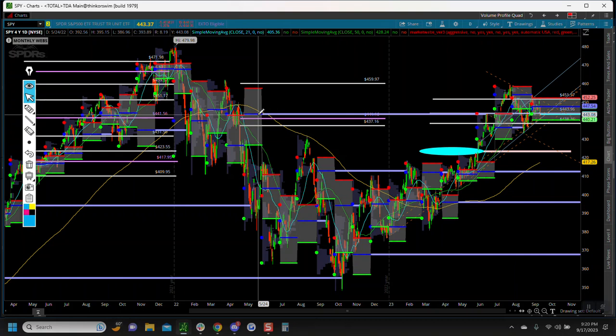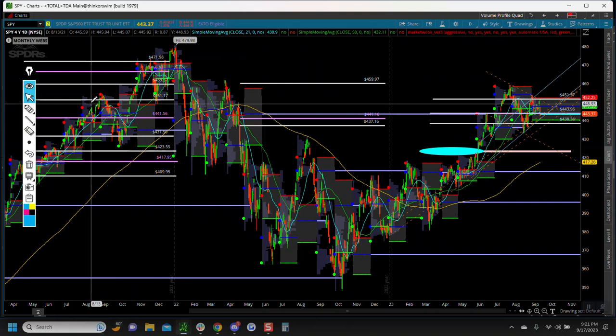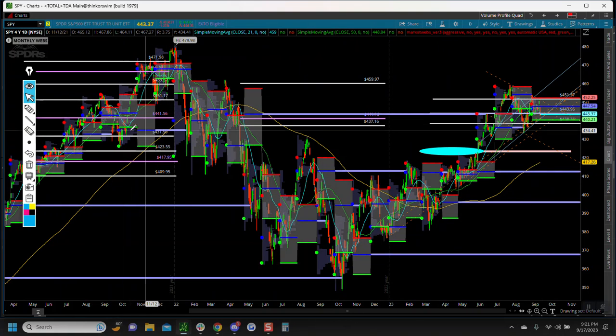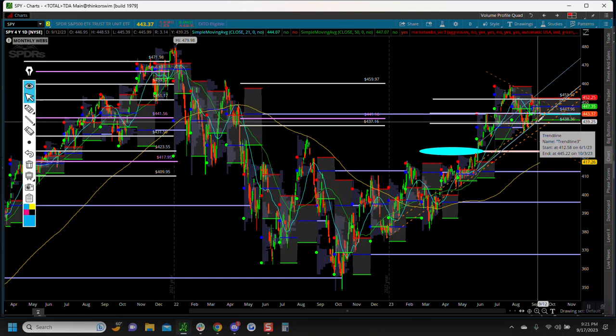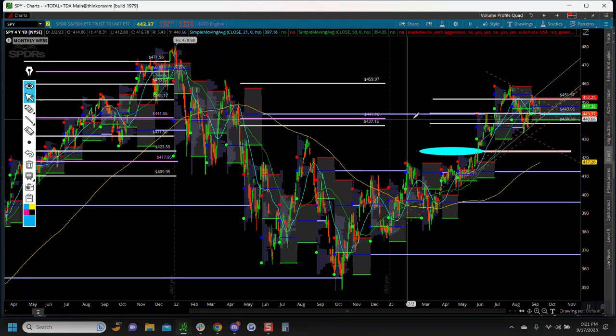So on the monthly time frame, we have satisfied the untested areas of value on volume point of control. Basically this distribution zone right here, we have satisfied that for 2021, 2022, and now 2023. We have satisfied it 3 years straight.